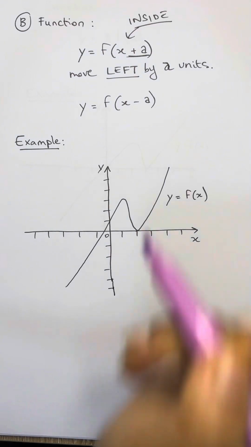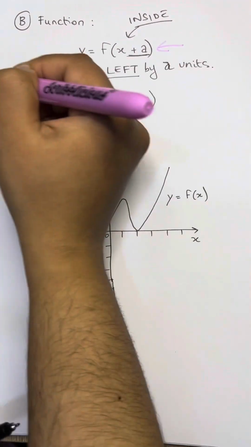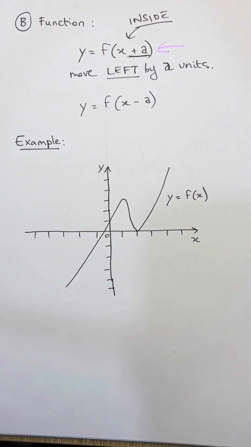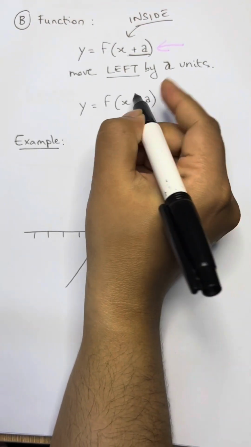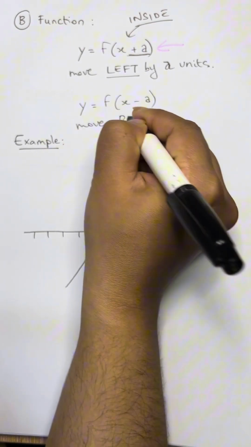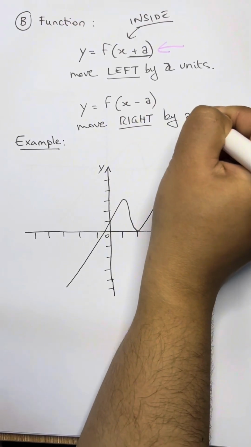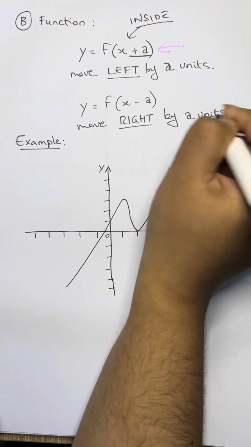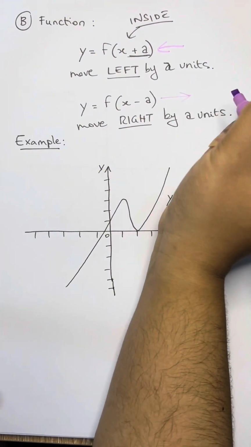And f of x minus a inside the bracket means move to the right by a units. A means any number, so you need to move it to the right.